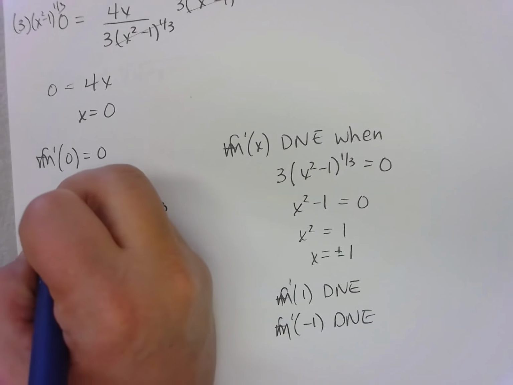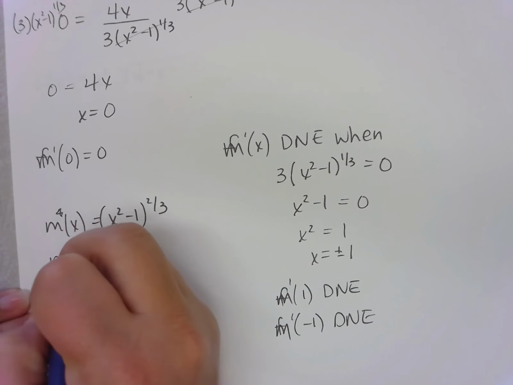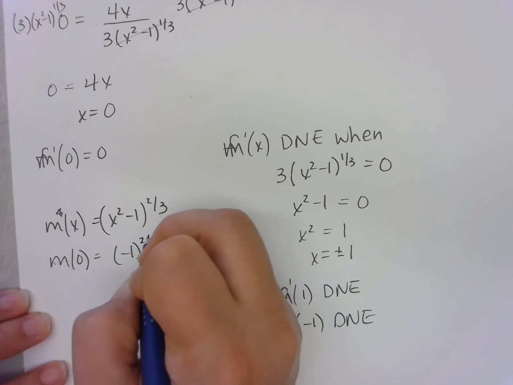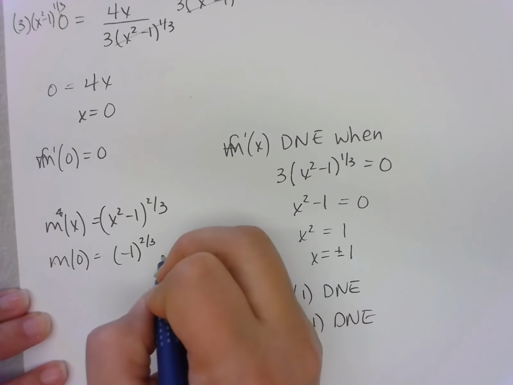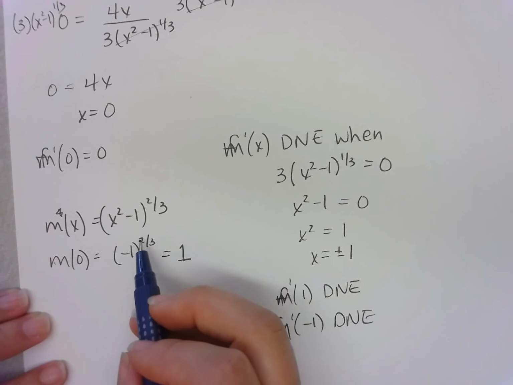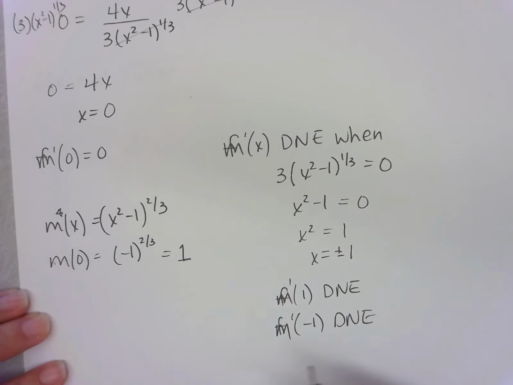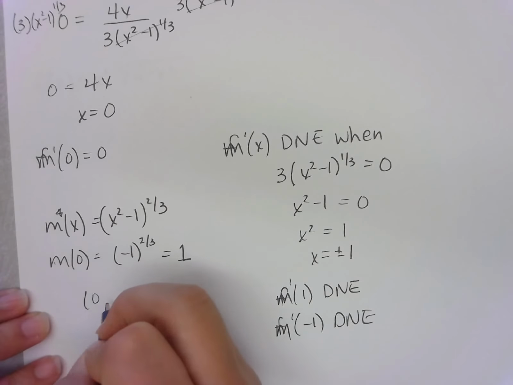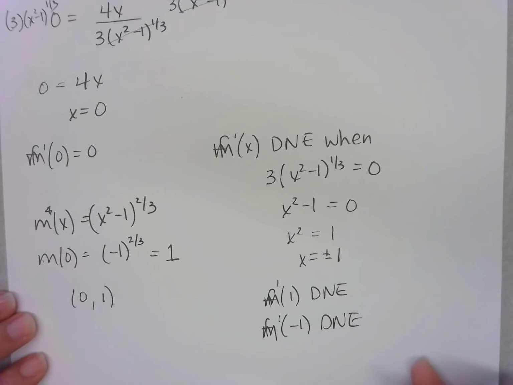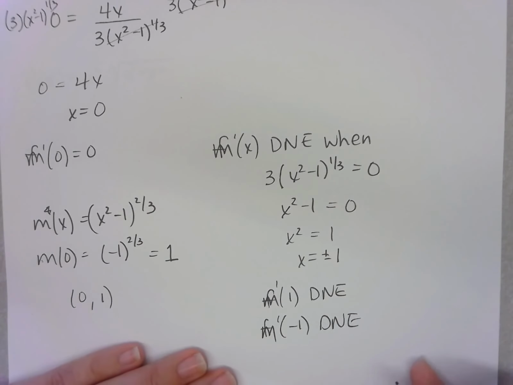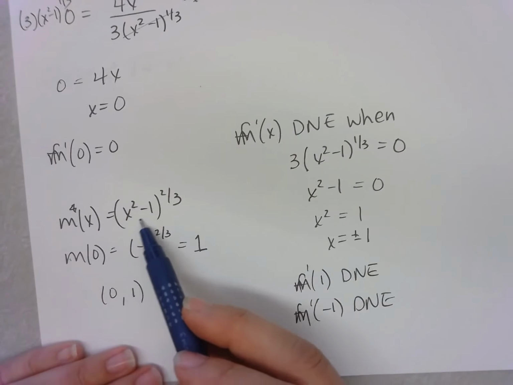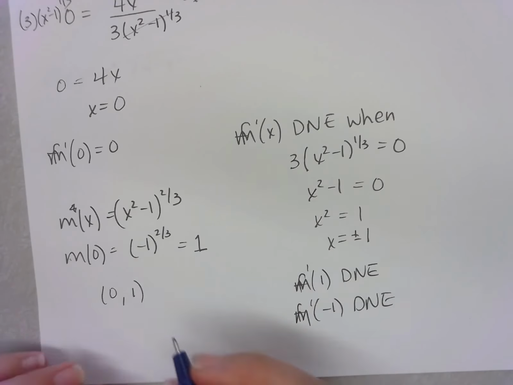So not m prime. M of 0 is negative 1 to the 2/3 power, and that will become positive 1. Because the cube root of negative 1 is negative 1, but then when I square it for this part, I end up with 1. So at 0, 1, my derivative will be 0. And then over here, when I plug in 1 or negative 1, I'm actually going to get 0 here, right?